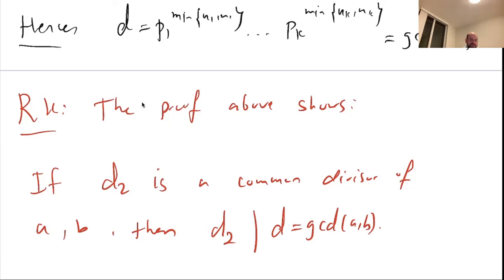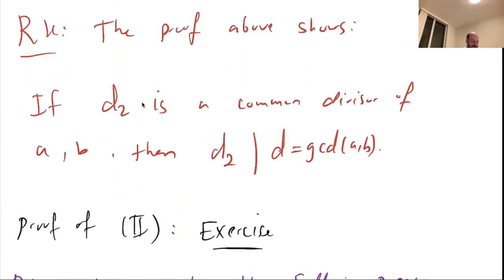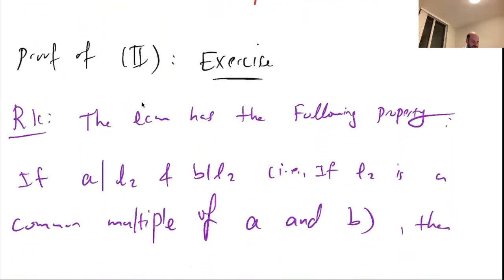The GCD version said that if you have a common divisor of A and B, then the common divisor divides, or is a factor of, the greatest common divisor. Now, what do you think the corresponding version would be for LCM? For LCM, instead of having D2, which was a common divisor, here we have L2, which is a common multiple.